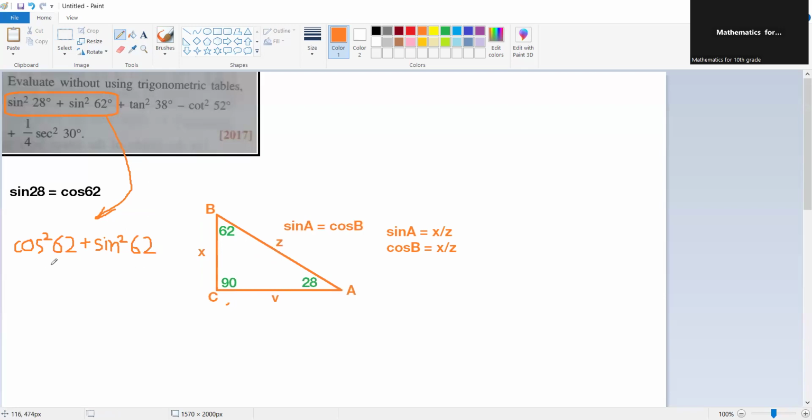According to the identity, sine square x plus cos square x is 1. So this would be equal to 1. So the first circled one is 1. Similarly, the second circle, which I'm going to draw now, would also be equal to 1.